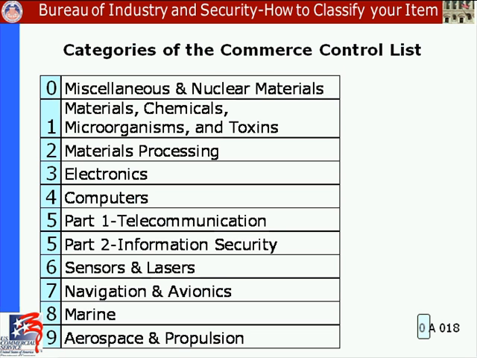Category 2 are material processing equipment. We are kind of missing equipment here. We should add material processing equipment. And this equipment may be producing material, but most likely it is general purpose equipment, such as machine tools. They are general purpose because they are able to be used for category 3 electronics.